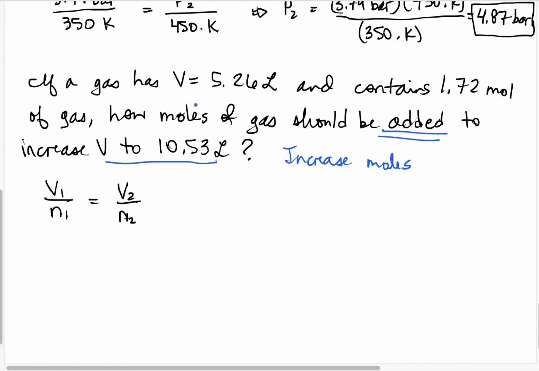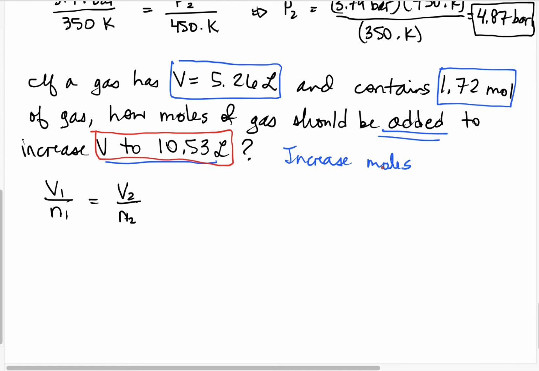So what do we have? We have a volume and a number of moles, and we have a new volume, and then we need to calculate a new number of moles. And I actually am asking you what the difference between the moles is. How many moles should be added? So let's see what happens.